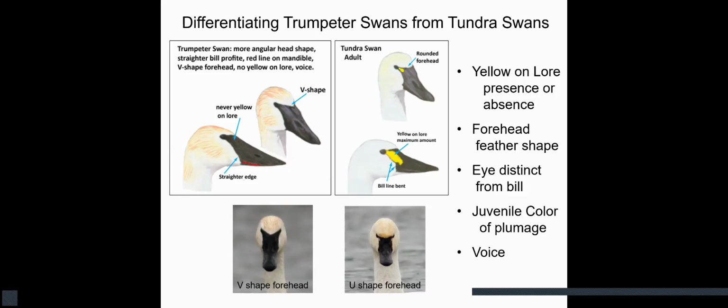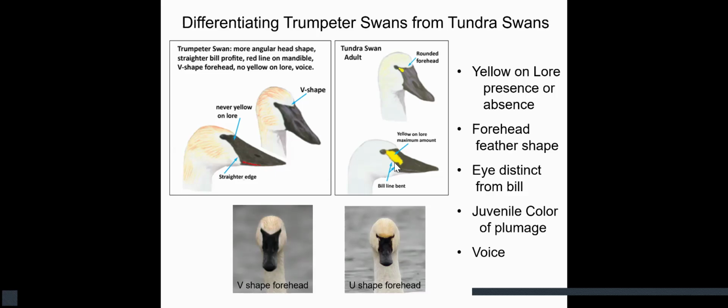It also has a red line on the mandible, and the back line of the bill from the eye to the back of the lower bill is a straighter edge. It has a curve, but it's pretty straight. The tundra swan, on the other hand, has a rounded forehead of feathers, yellow on the lower most of the time, and it can vary in size.